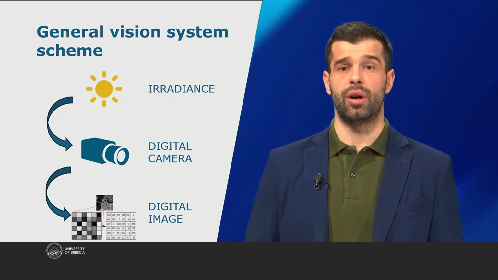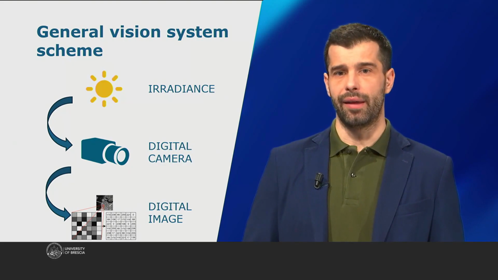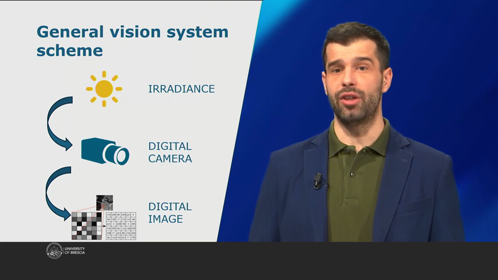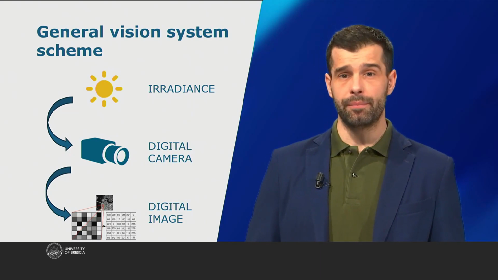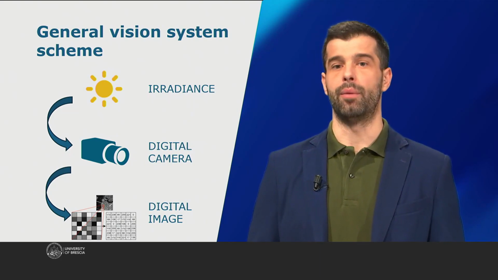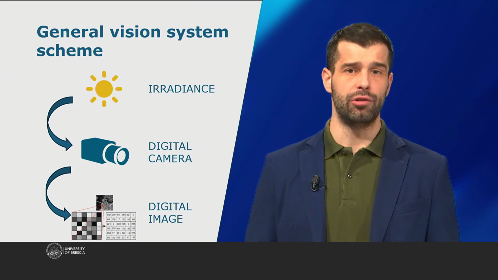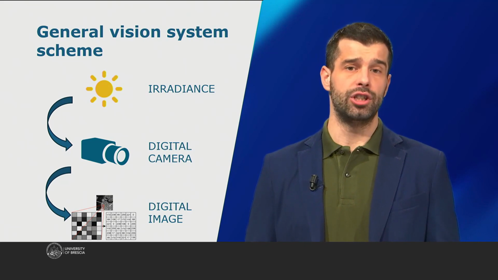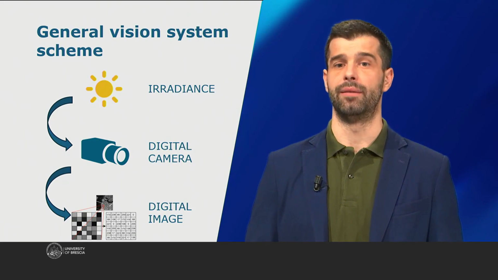Even vision systems are, in fact, measurement systems. In this case, the measurand is light information in the form of radiance, and the measurement is obtained by analyzing the final digital image. In between, there are several components, including the camera, of course, that allow the acquisition of light information, sometimes enhance it and convert it into a digital image that then needs to be processed to obtain the final measurement.